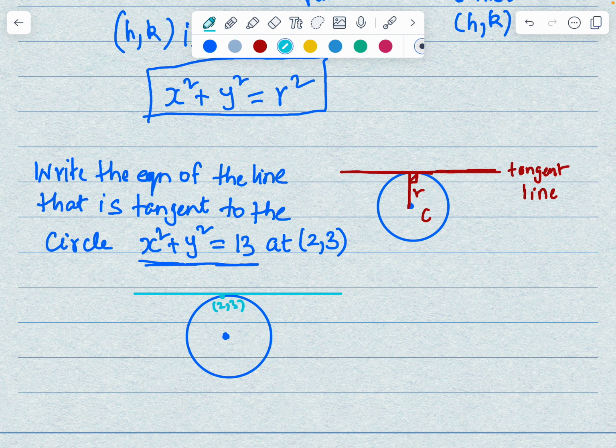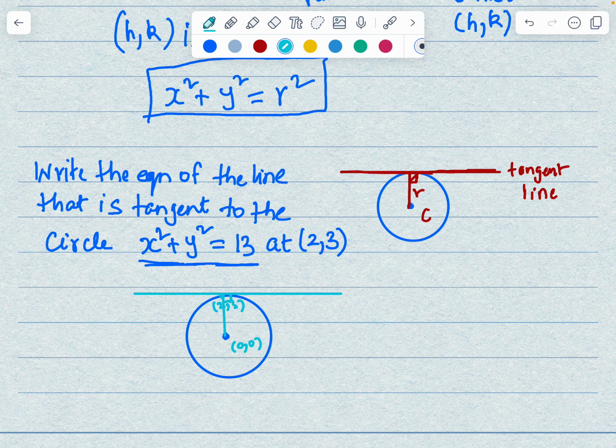So this is where you'll use this theorem from before. You know that this point is 0, 0, and then you draw a line from here to there, and you know that this is 90 degrees. Now you can find the slope of the radius.